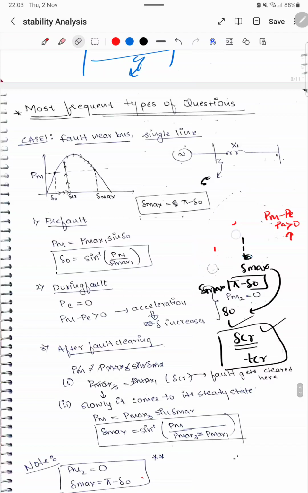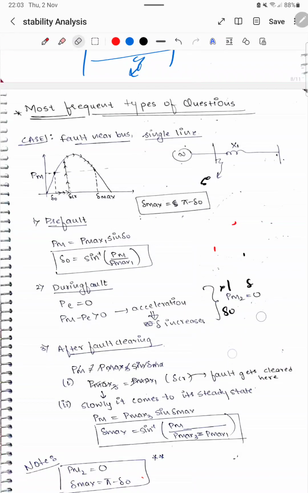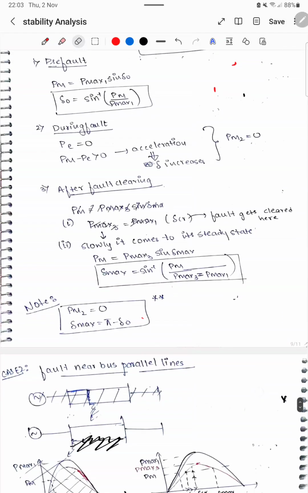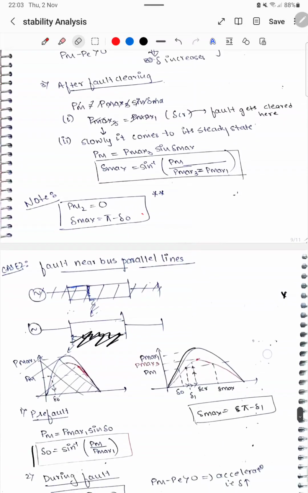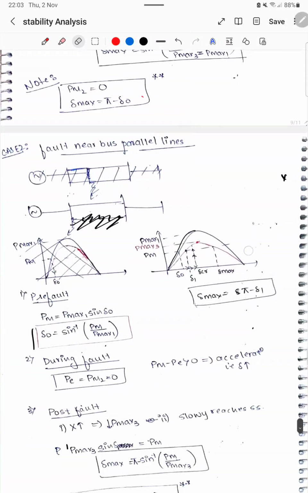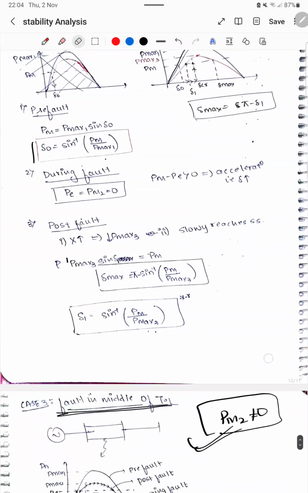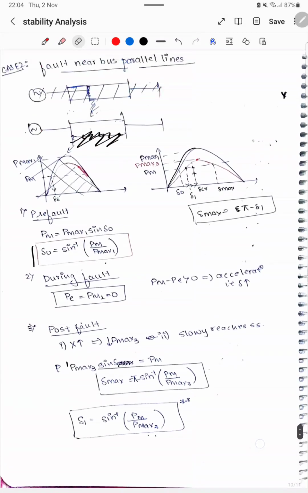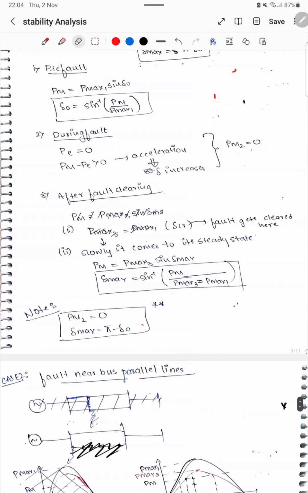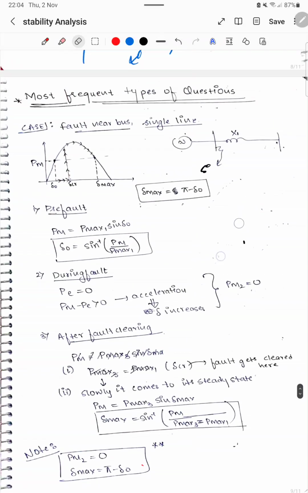That will help us. We should only be taking care about del naught. We should be looking at what happens during the fault, and we should look into the del max condition. So del naught, del max, and what happens during fault, whether Pm2 becomes 0 or not, or what exactly happens is to be taken care of.